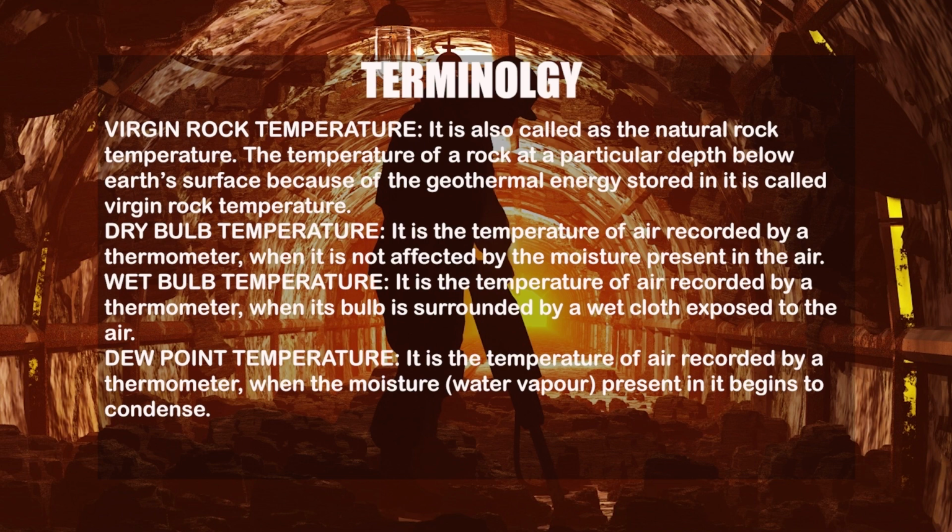Now come to wet bulb temperature. Wet bulb temperature is the temperature of air recorded by a thermometer when its bulb is surrounded by a wet cloth exposed to the air. In this situation, we keep a muslin cloth over the bulb of the thermometer, and this thermometer is brought into the normal atmosphere where evaporation takes place and the temperature of the thermometer decreases.